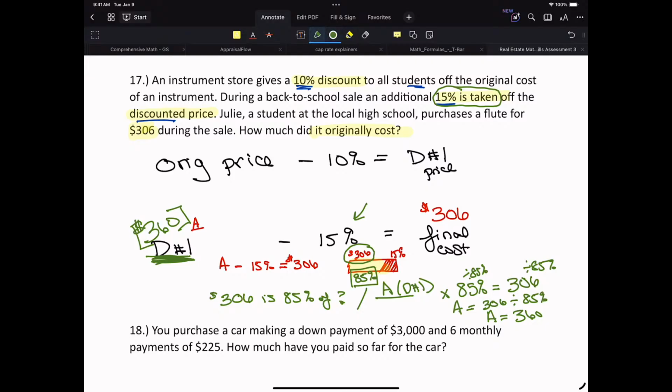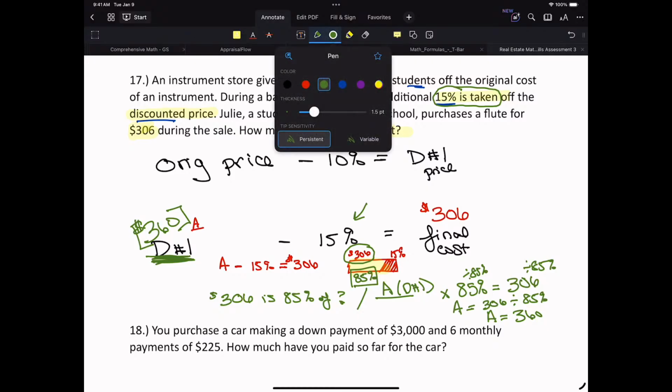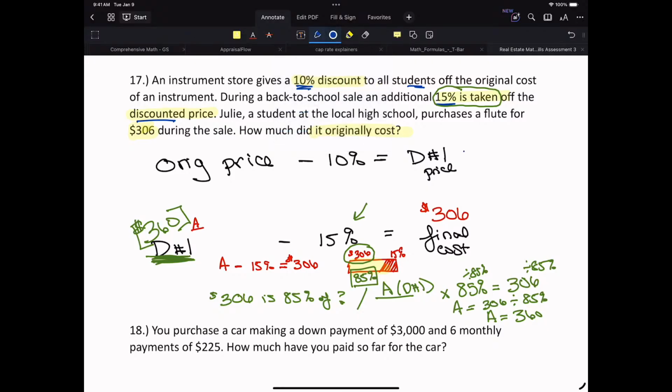Well, we know the discounted price was, I'm going to choose a different color here. How about blue? Our discounted price was $360, and we paid $360 after a 10% discount off of the original price.